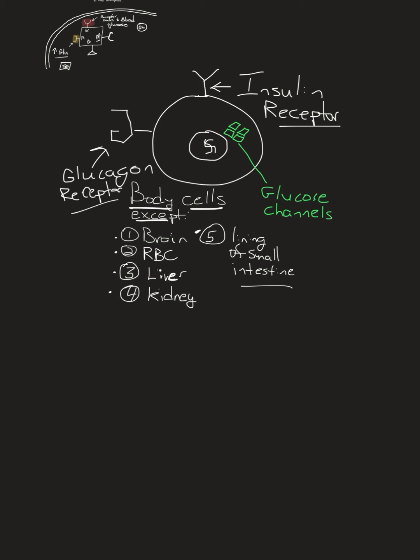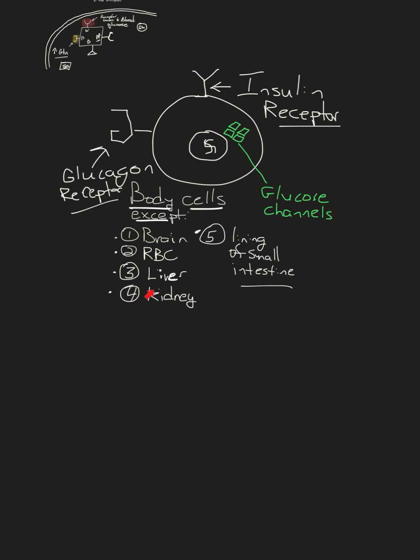The liver does a lot of that functioning, makes glucagon, so it makes sense that the liver, doing all the different processes it does, does not need the insulin or glucagon receptor. The small intestine is absorbing a lot of the sugar from the food that you eat, so it makes sense that you really want to let these cells absorb as much of the sugar as they can, as quickly as they can.